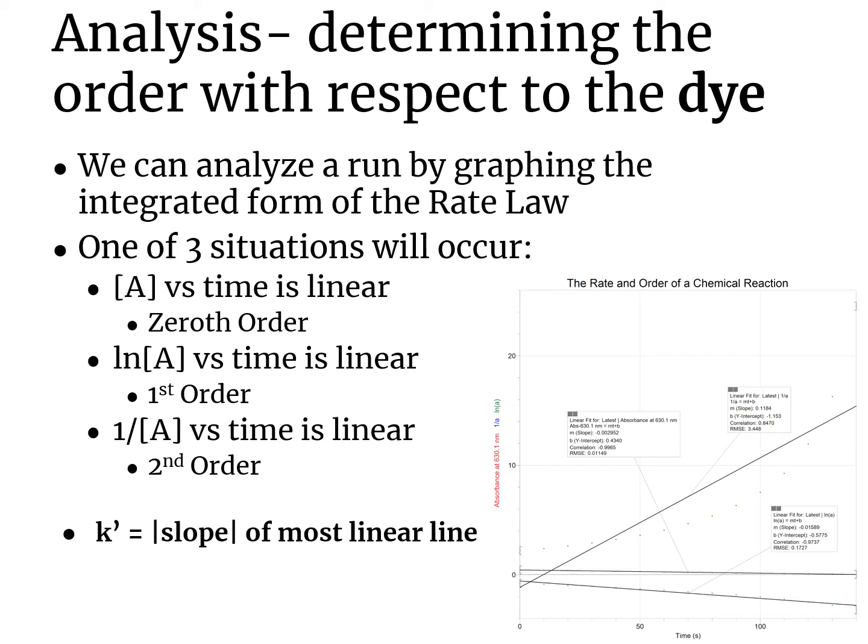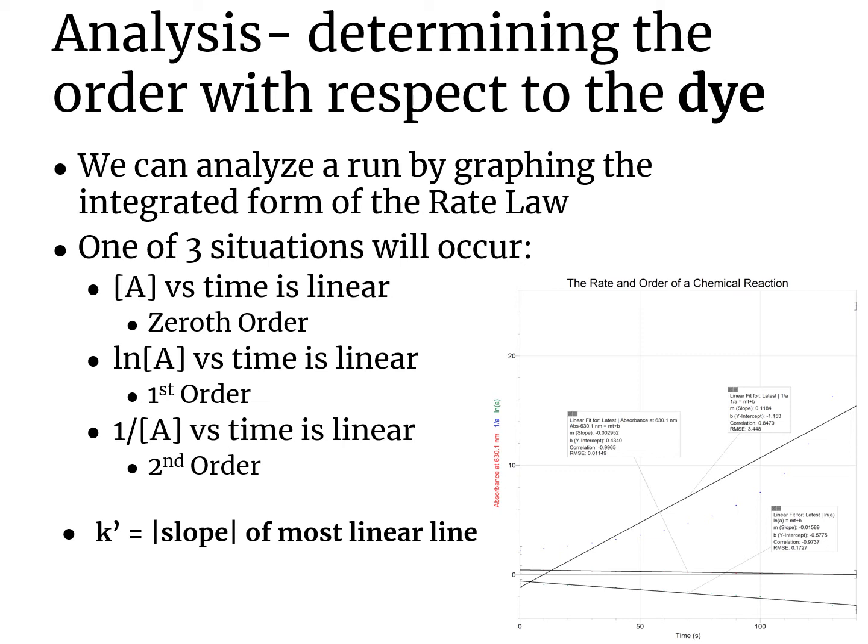So you could have positive and negative slopes, but just take the number itself. If it's -3, for example, you just want to maintain the 3 and leave out the negative sign, and use that as your K prime.